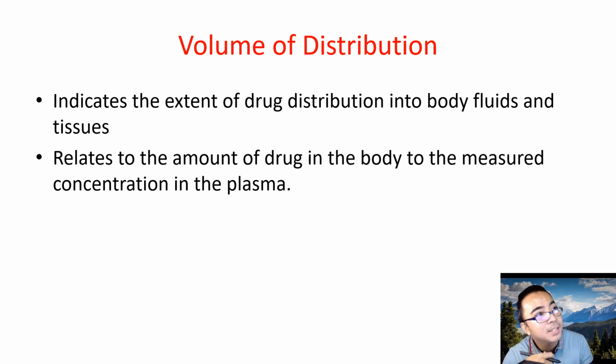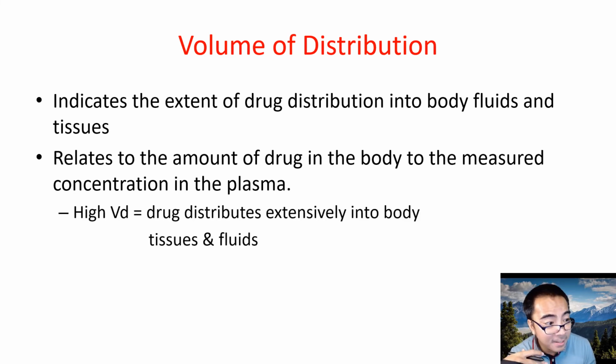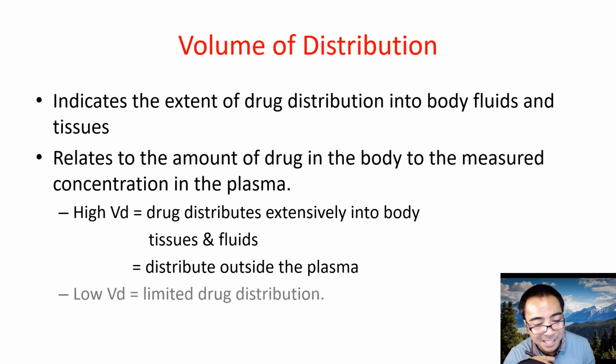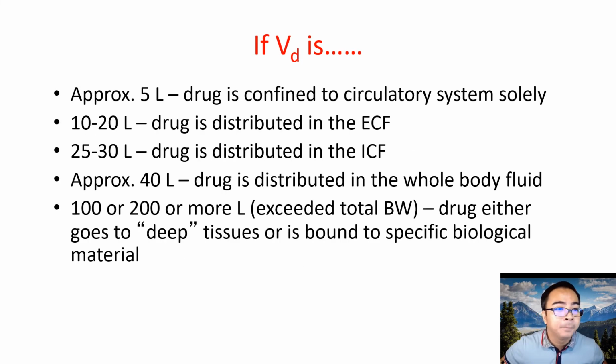A high VD, class, indicates that the drug is distributing extensively, meaning it can distribute outside the plasma, while a low VD would indicate that the drug is not distributing well, and it might be confined in the circulatory system. If VD is approximately 5 liters, we can assume that the drug is distributing in these parts of the body. I won't explain this anymore.